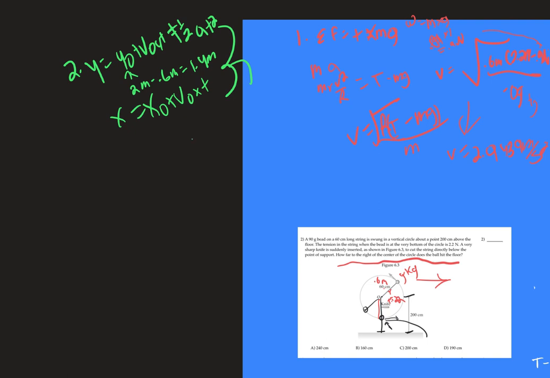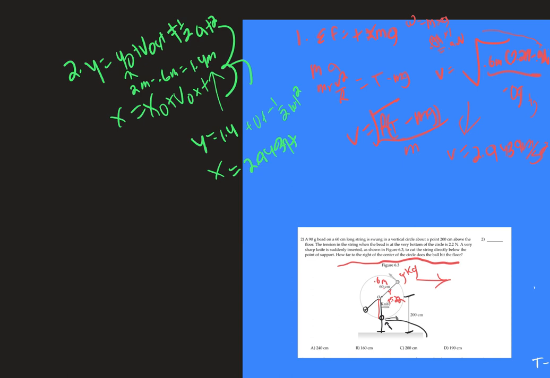So we have y equals 1.4. Put the 1.4 there, plus the 1/2 g t squared, and x is given to us as 2.9439, right? It's time.